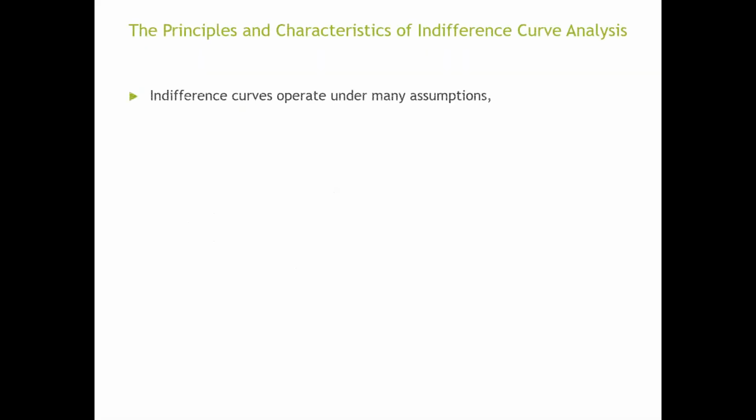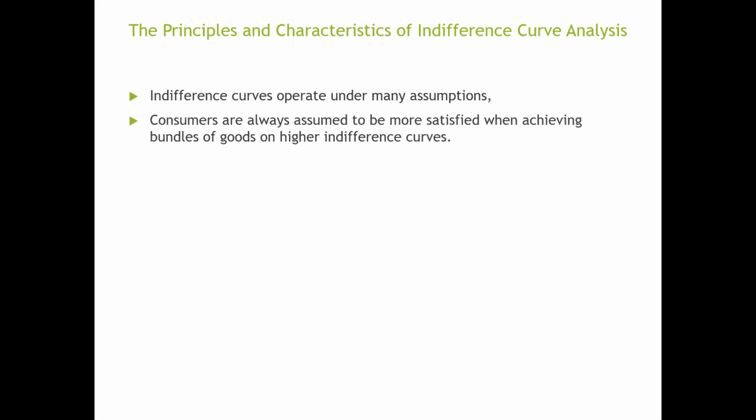Like we have seen, for example, each indifference curve is convex to the origin and no indifference curves ever intersect. Consumers are always assumed to be satisfied when achieving bundles of goods on higher indifference curves. So if a consumer's income increases, the curve will move higher up on a graph because the consumer now can afford more of each type of goods, right?